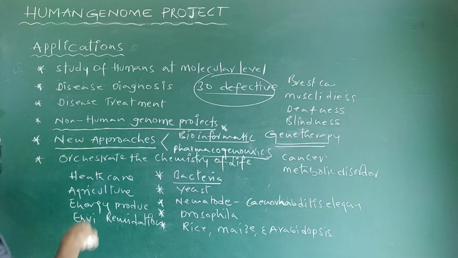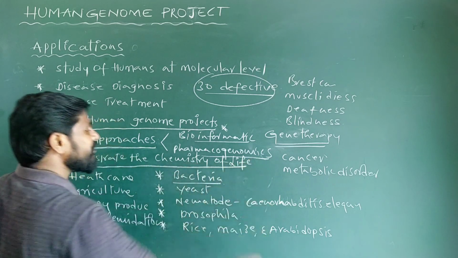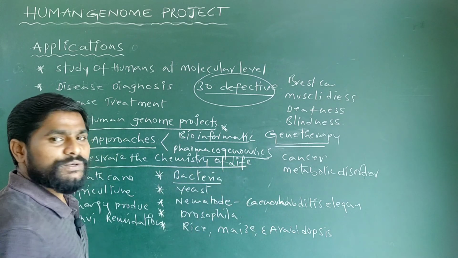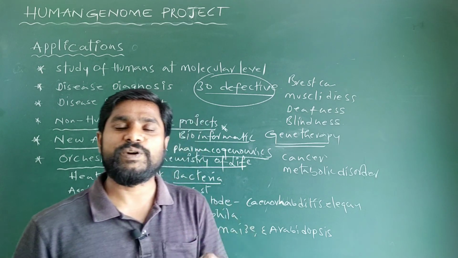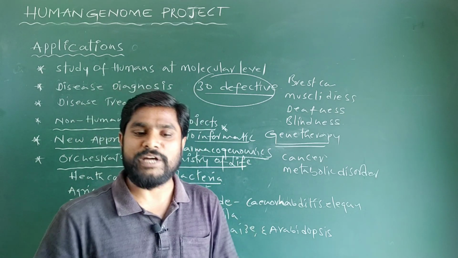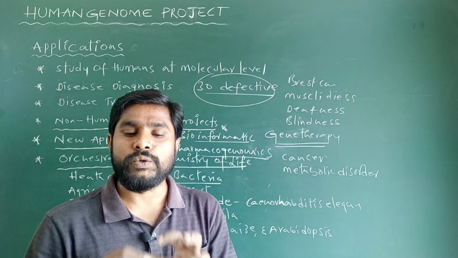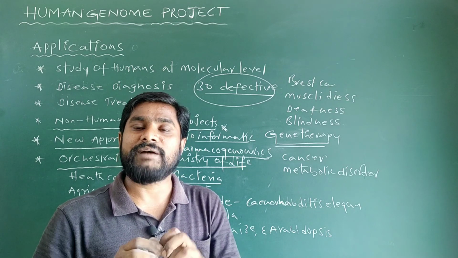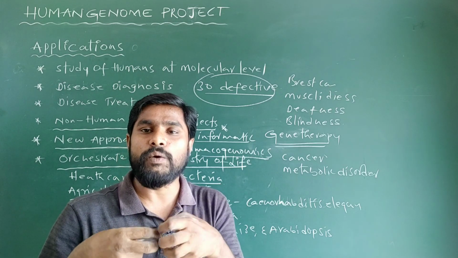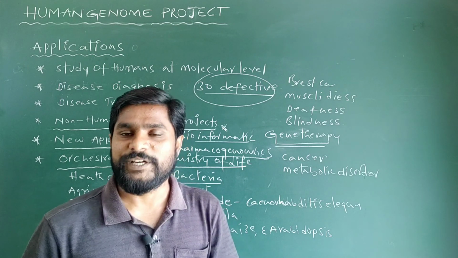And the last application is orchestration of the chemistry of life. If you know the sequence of nucleotides of a group of genes involved in the expression of RNA molecules of a particular tissue, then you can understand the coordinated function between these RNA transcripts, and the coordinated work between the genes involved in that particular tissue.